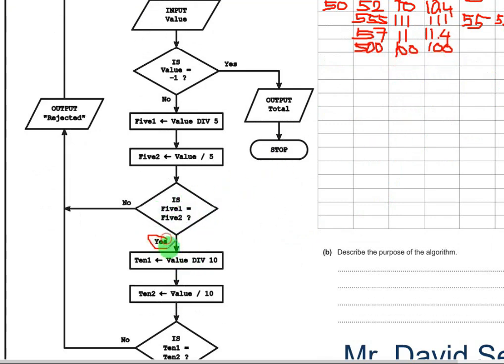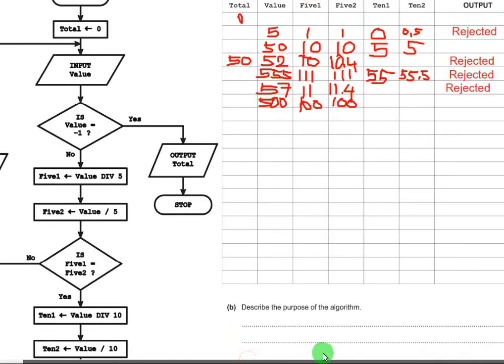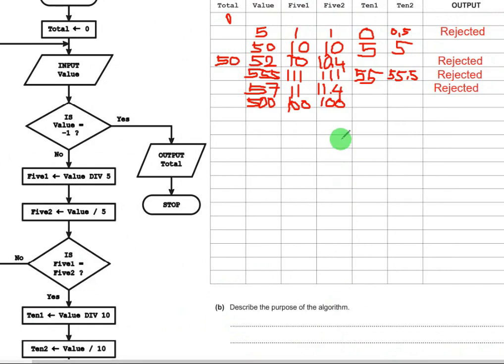Then is 100 the same with 100? Yes. So it will go down and goes to the div 10. 500 div 10 is 50, without the decimal.